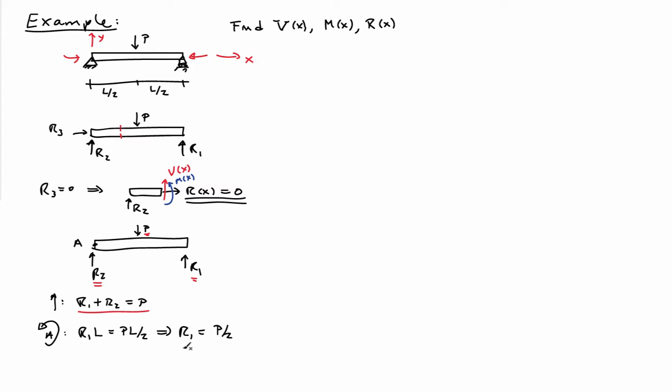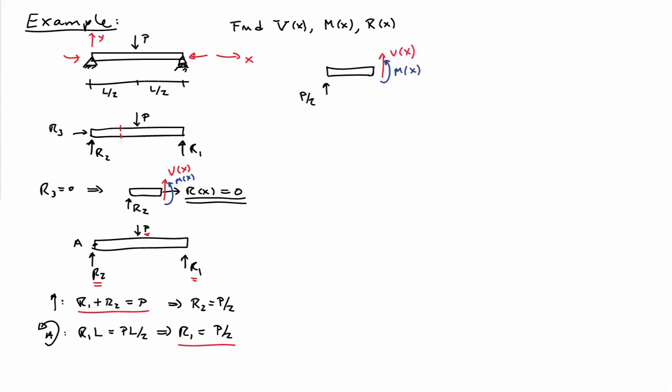That allows me to solve for the right side reaction force: R1 is equal to P over 2. If I plug back into the vertical equilibrium equation, that tells me that R2 is equal to P over 2. So the force P is supported equally on both sides, with value P over 2 in this beam.